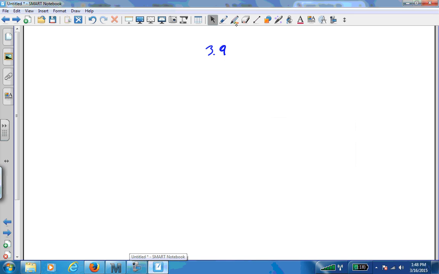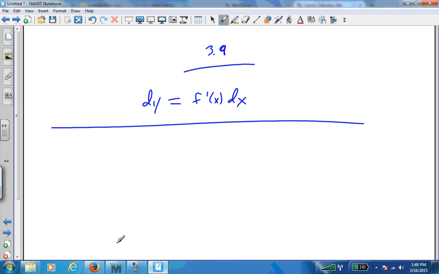As we look at 3.9, we've already mentioned basically what differentials are, and we've illustrated that dy is f prime of x times dx. Let's be careful here because keep in mind that f prime is dy over dx.